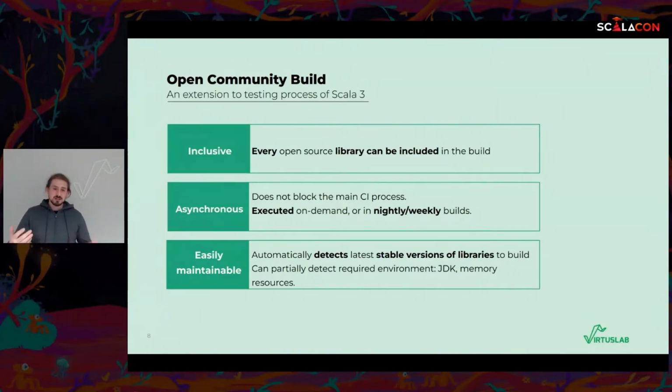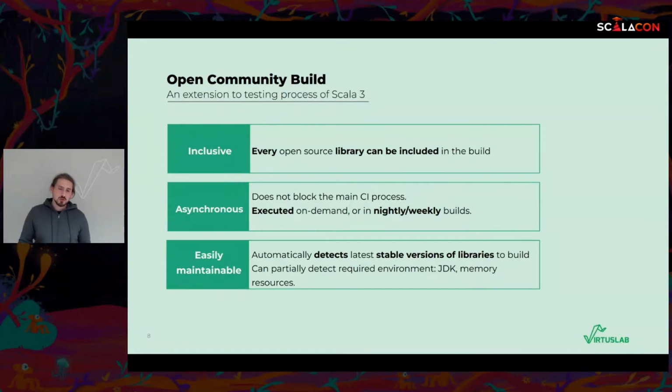The second thing that we wanted in it was to make this new Open Community Build asynchronous, in a way that we didn't want to block the compiler team from getting the results. All of us have limited resources, so we couldn't wait a long time to get all these 900 projects that are available that we might build, and wait, for example, all day just to get the results, because that would be very wasteful, especially of the time of these engineers.